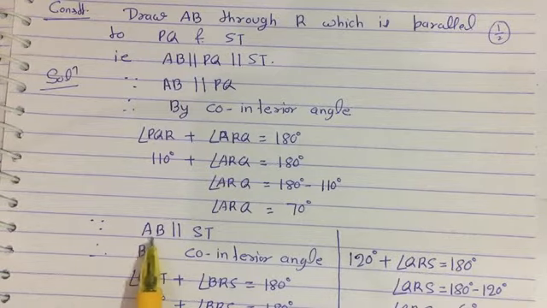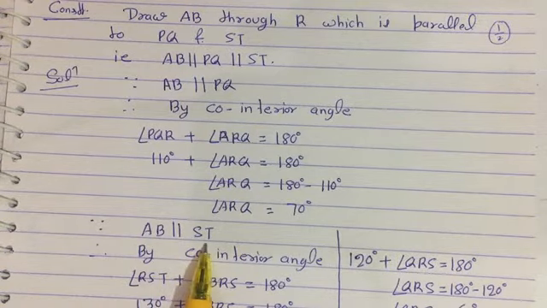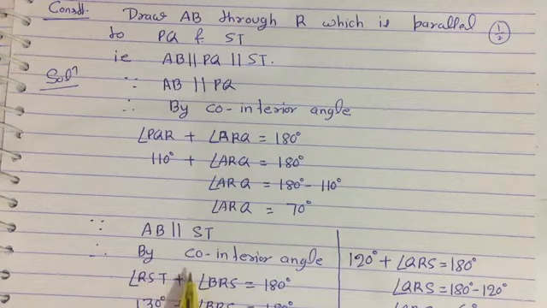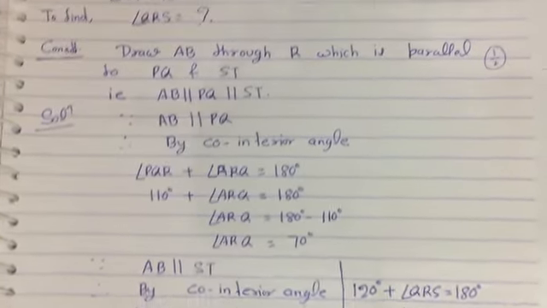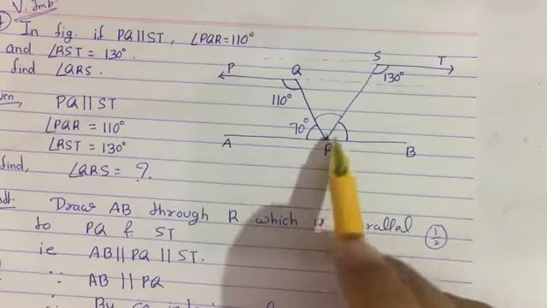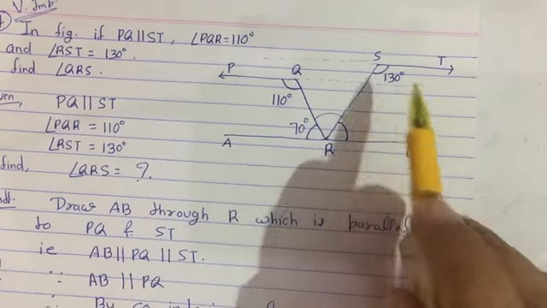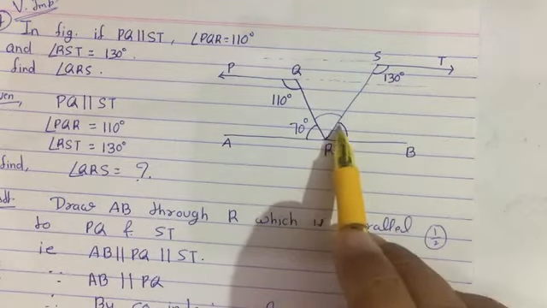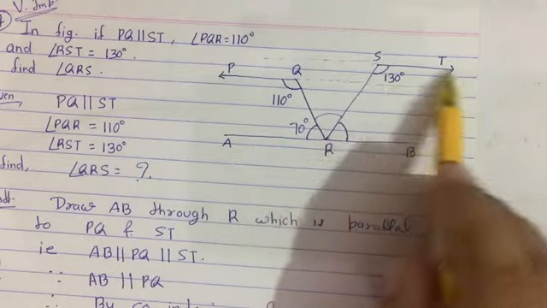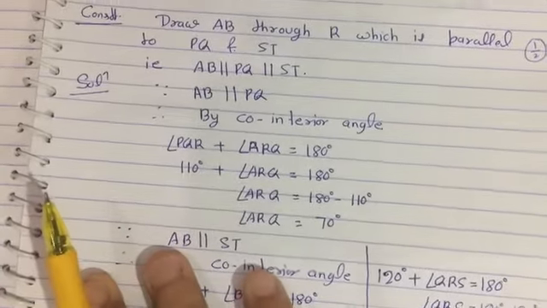Since AB is parallel to ST, therefore by co-interior angles, angle RST plus angle BRS. Name it properly: angle RST is this one, angle BRS is this one, and the measurement of angle RST is 130 degrees.